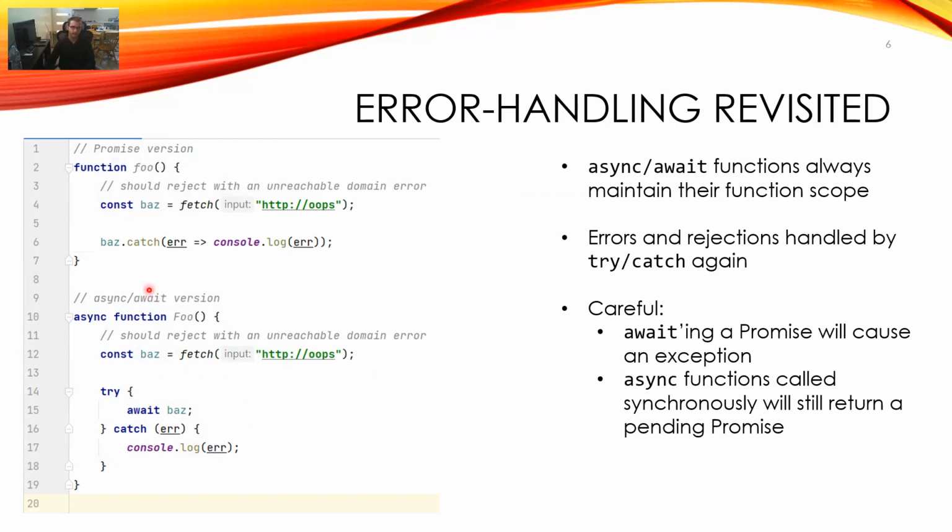And we'll be back in this land where we fall off the end of the function foo, and then if this rejects, it will reject in its own scope away from this try catch. So the main takeaway is that you have to be sure that you are using the await keyword.